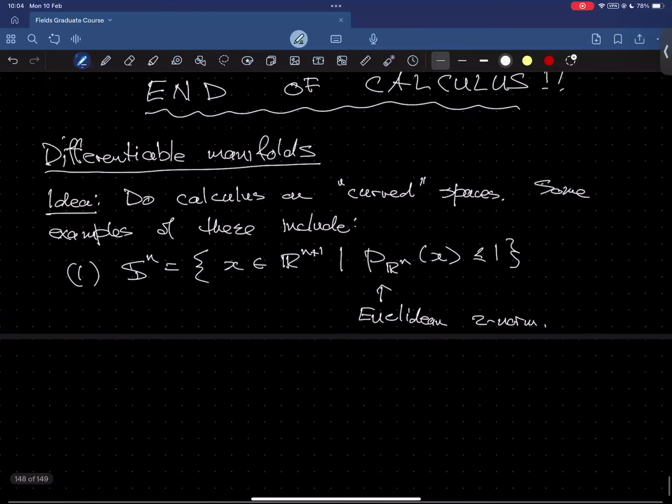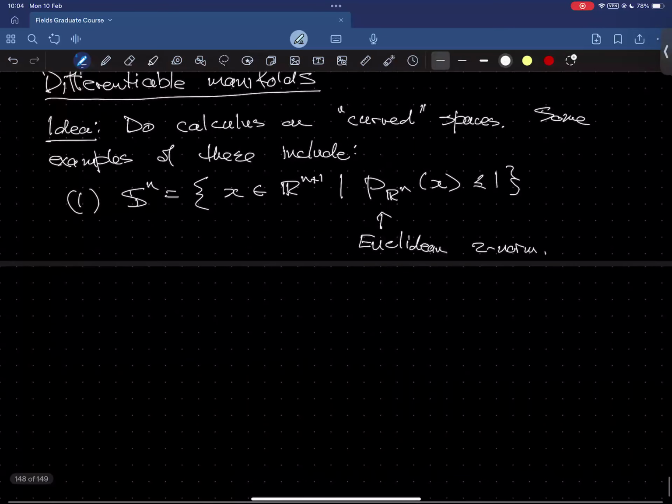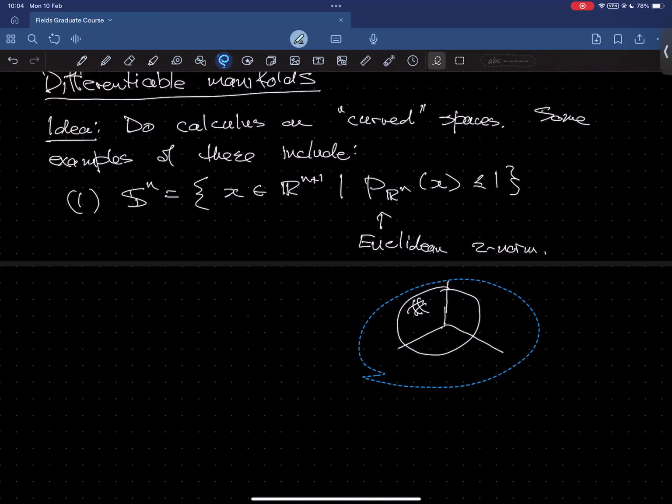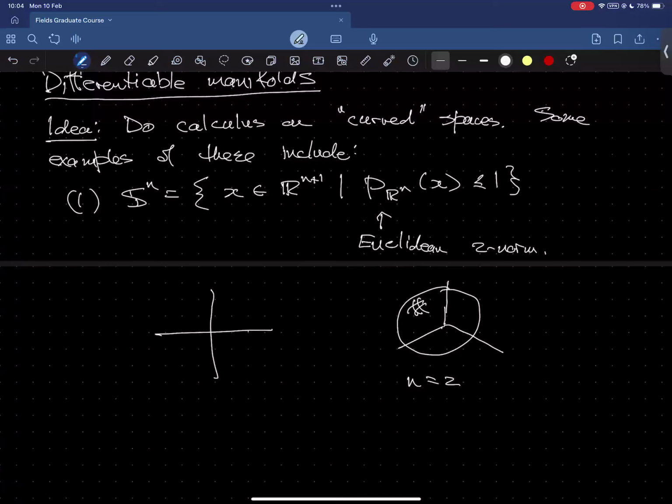Okay, so this is n equals 2. That's some kind of a 3-dimensional thing. For n equals 1, it's just a circle of radius 1.